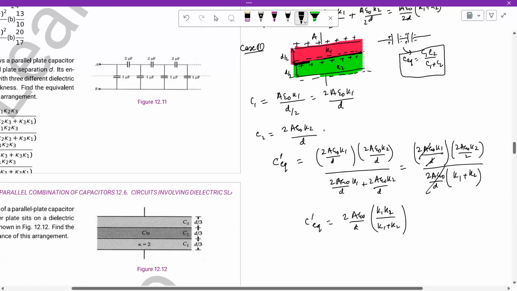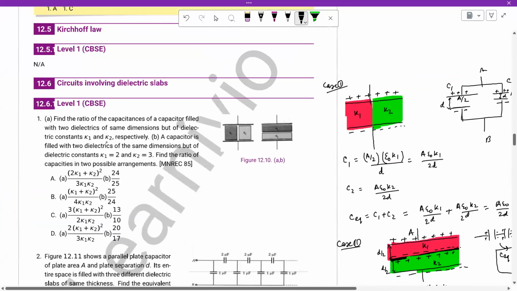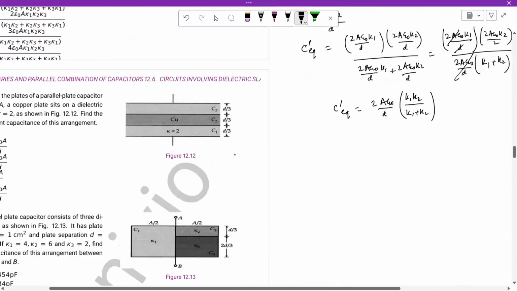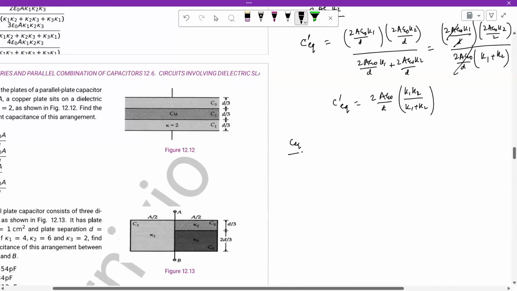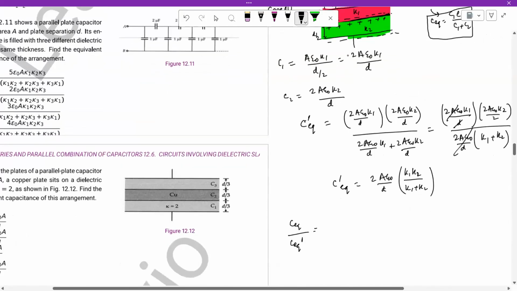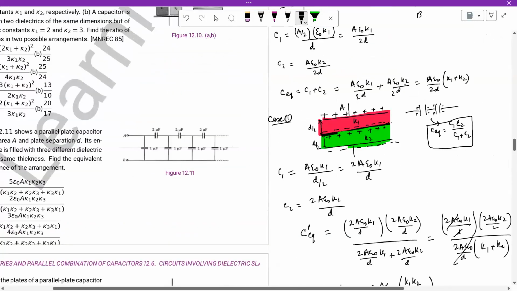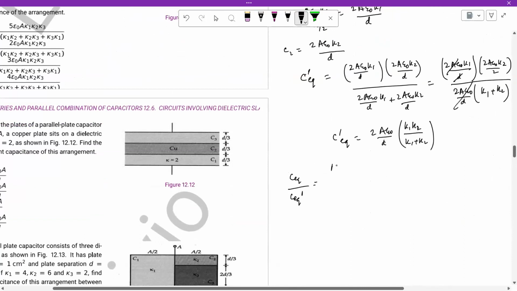Now in the question they were asking to find the ratio of these two instances, right? So let us find the ratio. C equivalent divided by C equivalent prime. That would be A epsilon naught by 2D into K1 plus K2, divided by 2 A epsilon naught by D into K1 K2 divided by K1 plus K2, right?